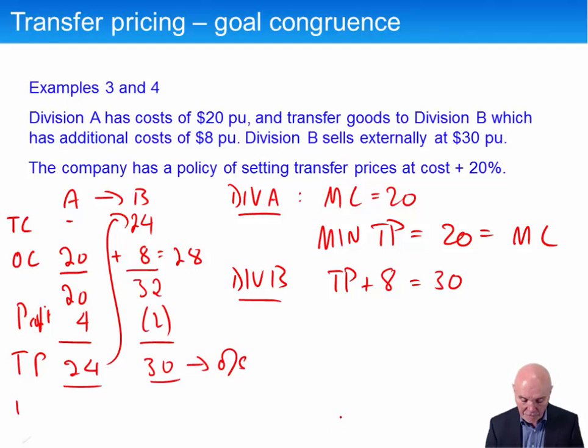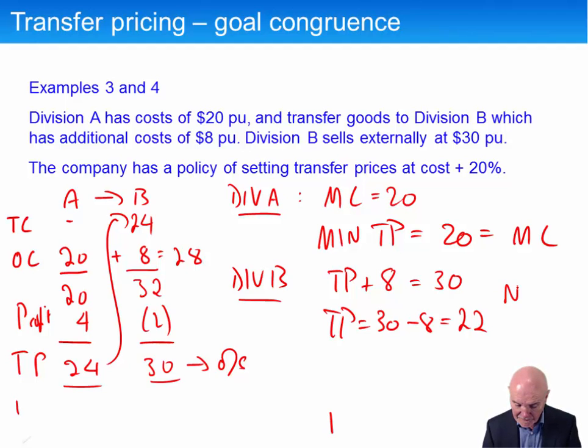This can be turned round and we can have the transfer price is equal to 30 minus 8 equals 22. And that 22 is an important figure in transfer price work. This is called the net marginal revenue. The marginal revenue you earn after your own transfer in prices. And this determines the maximum transfer price.